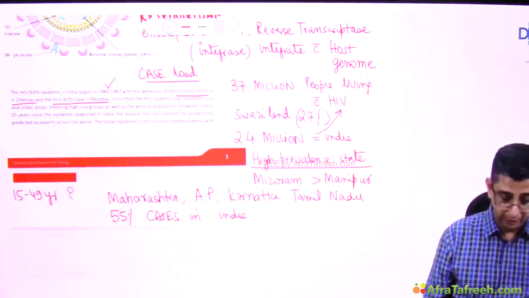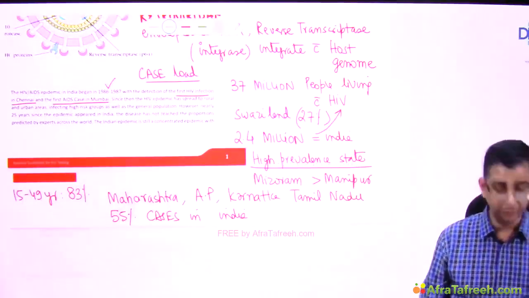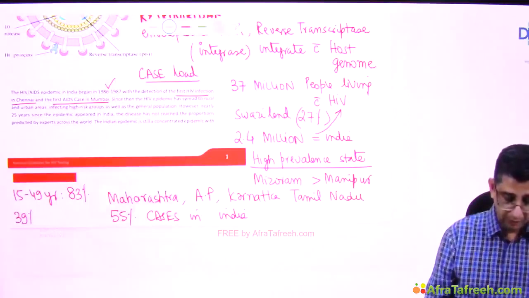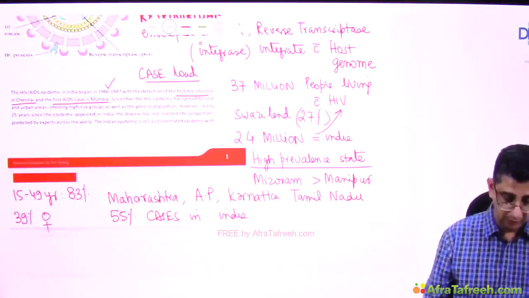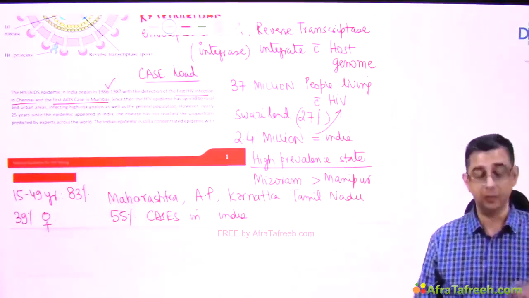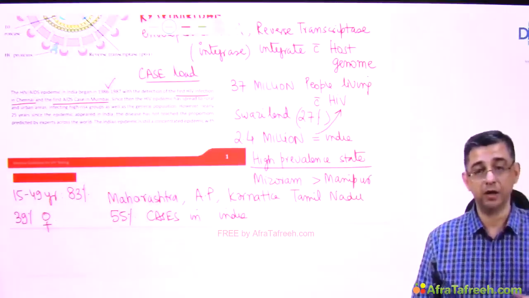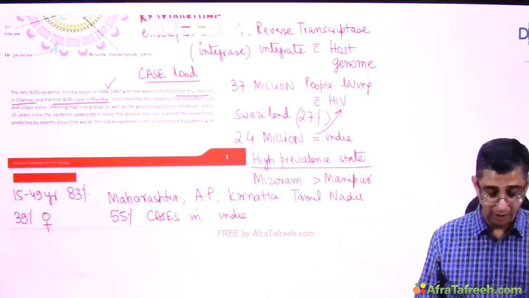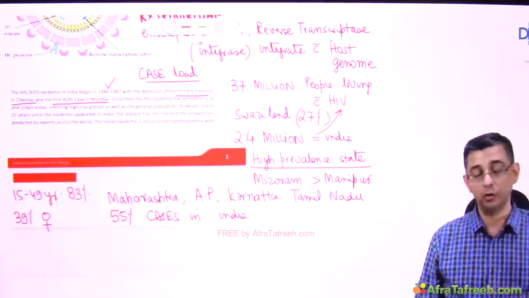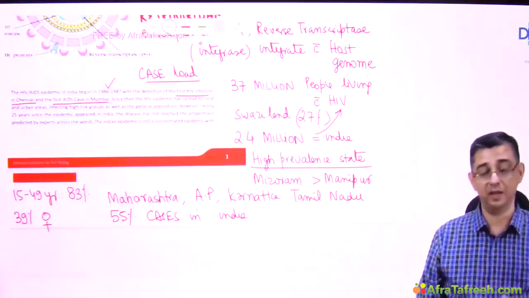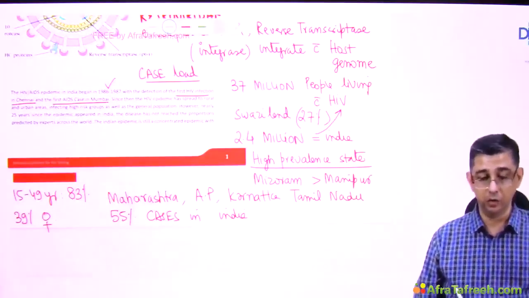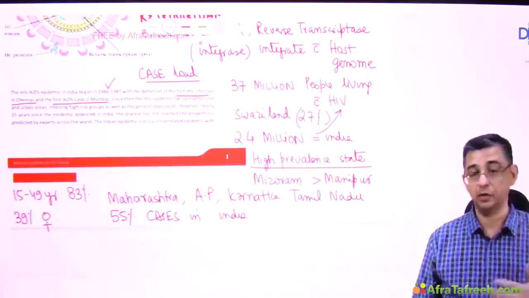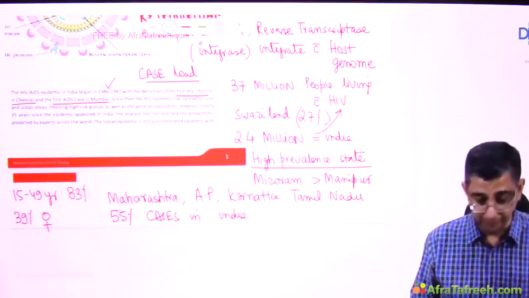So approximately 83% of total cases are in 15 to 49 age group, and 39% of total cases are females, and most of the time these females have acquired the infection from their husbands, or they might be commercial sex workers, where due to the demands of the customers, the protection may not have been used, and therefore these women have gone on to even produce babies who are HIV positive. And well, the goal of our country should obviously be the first one to make the vertical transmission rates go down to 0%, as America has been trying.